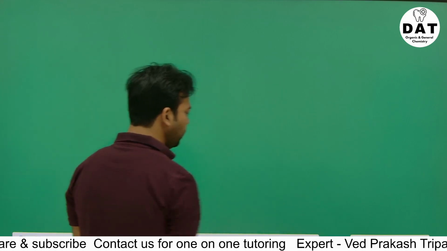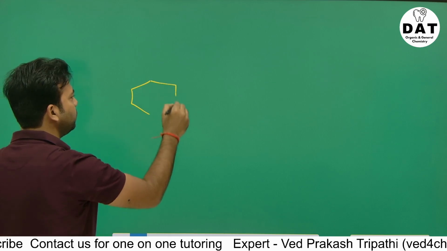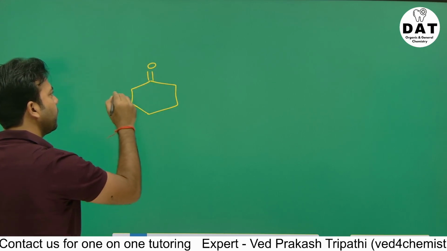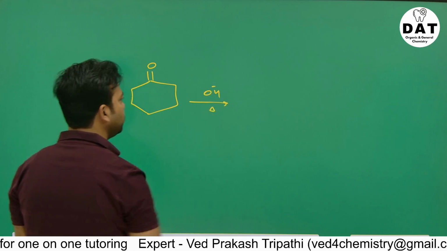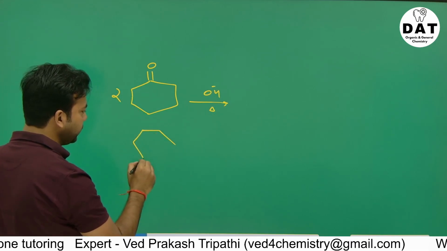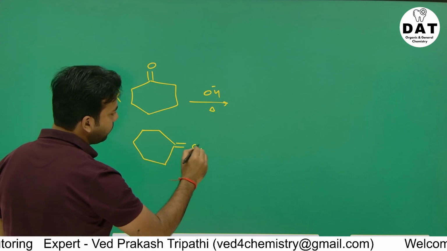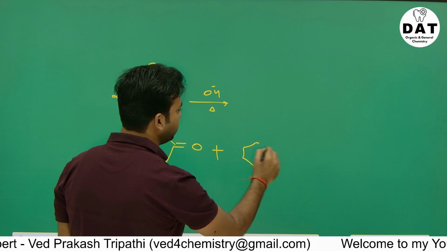We can discuss another example. Suppose this one. So 1 mole you can write in such a way where you can show the oxygen connectivity like this, and 1 mole in such a way where you can show the alpha hydrogen like this.